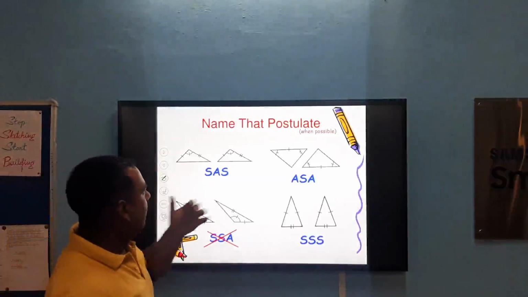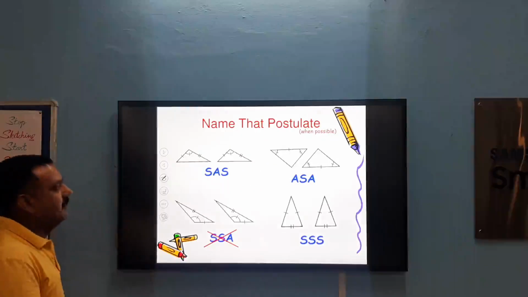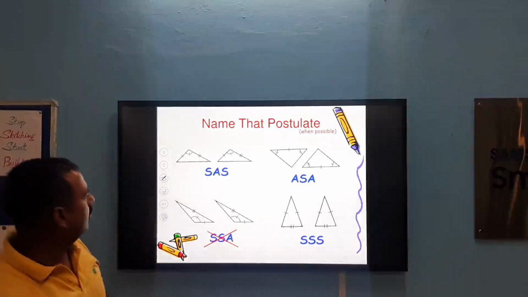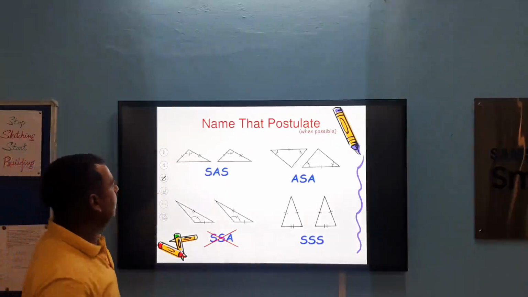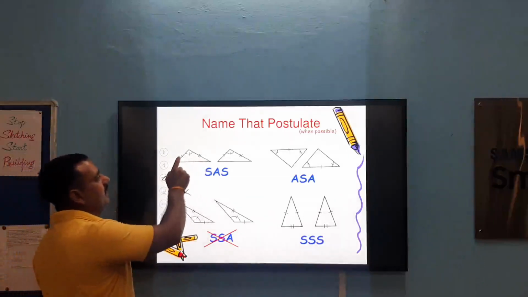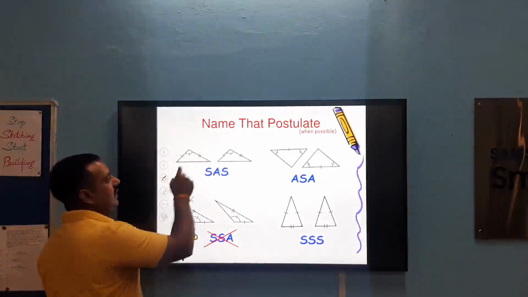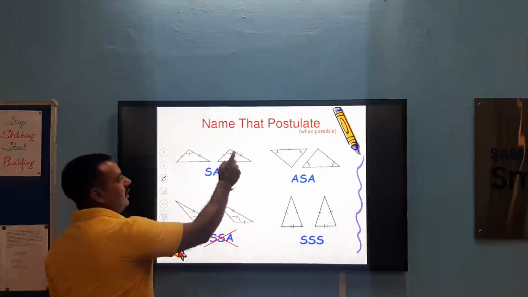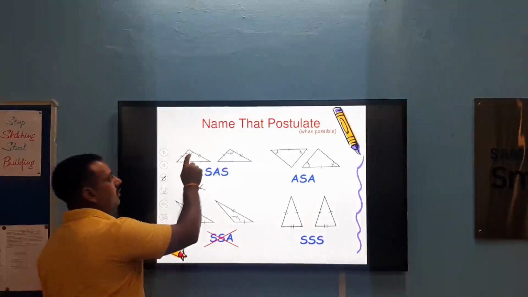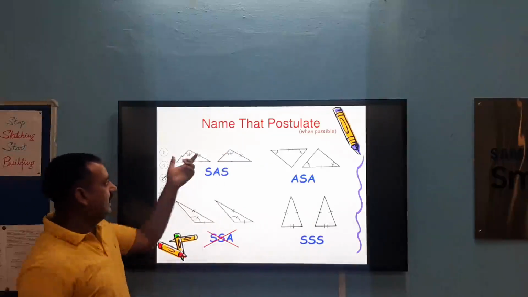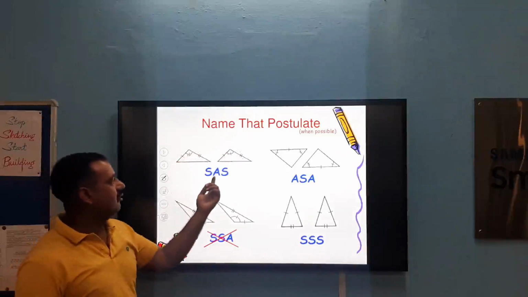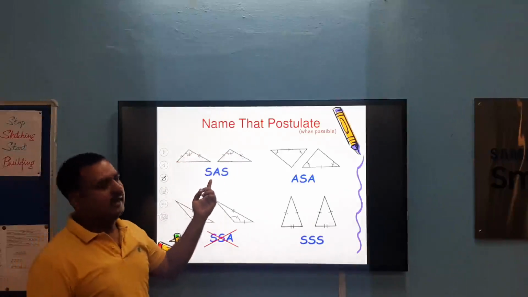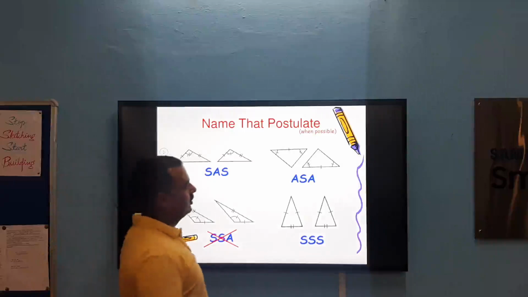Now, let us find some examples and name the postulate in these two triangles, as symbolically represented. This side is equal to this side, another side is equal, and one angle is equal. Two sides are equal and the included angle is equal, so the criterion is known as SAS, side, angle, side.